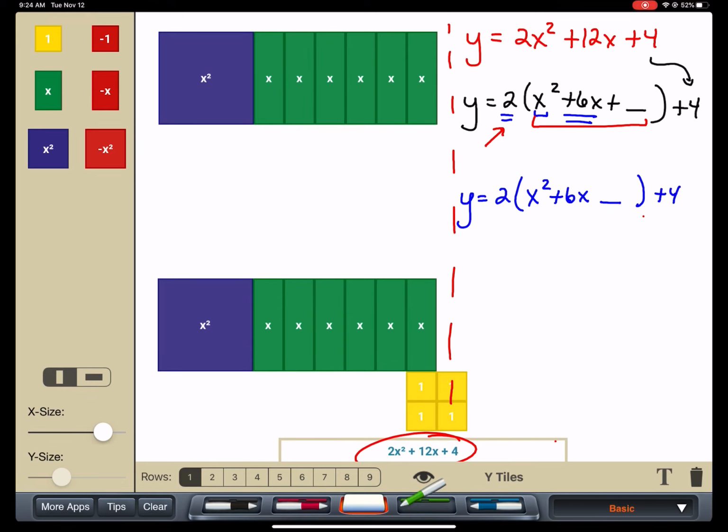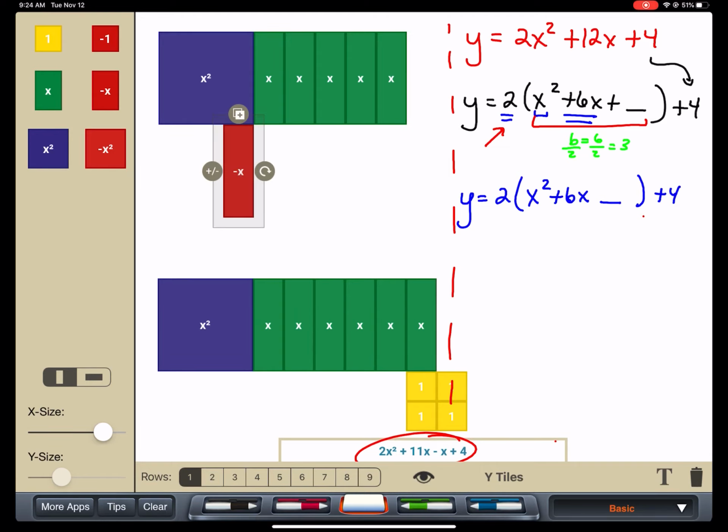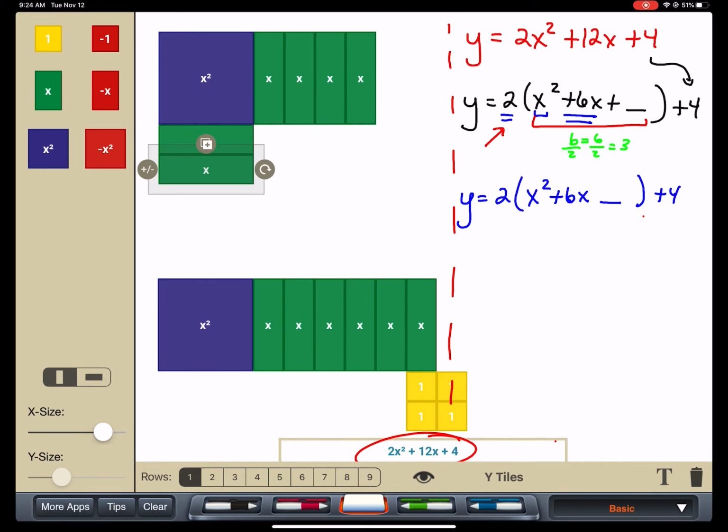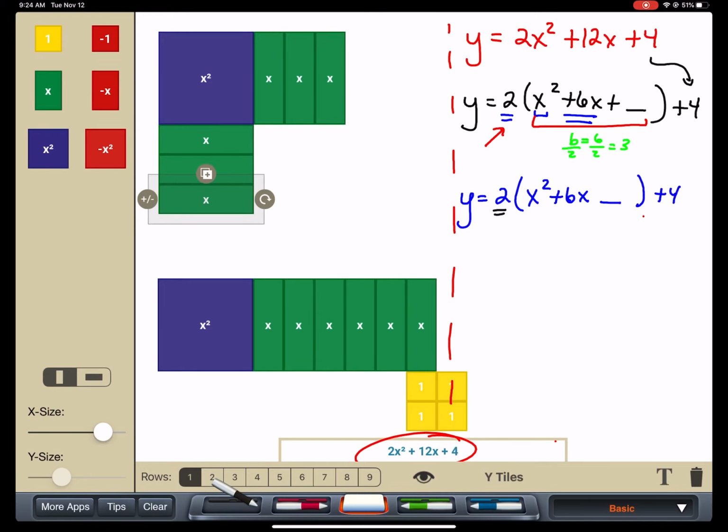In our math, we normally take the b value, which is 6, divide it by 2, and then we get 3. That 3 helps us understand that our square will have 3 x's on each side for its length and for its width. Now again, the 2 out front just means I'm doing that twice, one for each picture. So that's why I'm also going to do it for this one here.